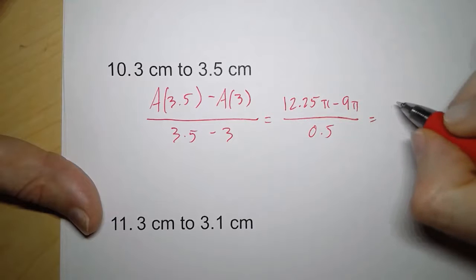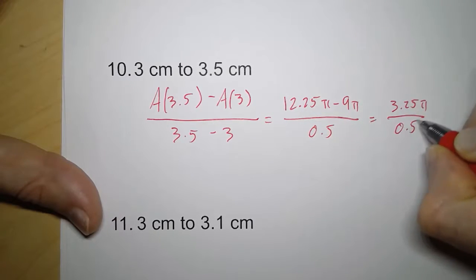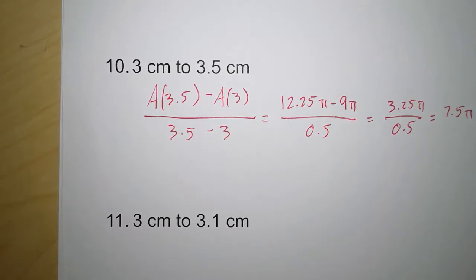So when we subtract that, we have 3.25 pi over 0.5, and that means we're going to double that, so we get 7.5 pi. So from 3 to 3.5 centimeters, 7.5 was the rate.